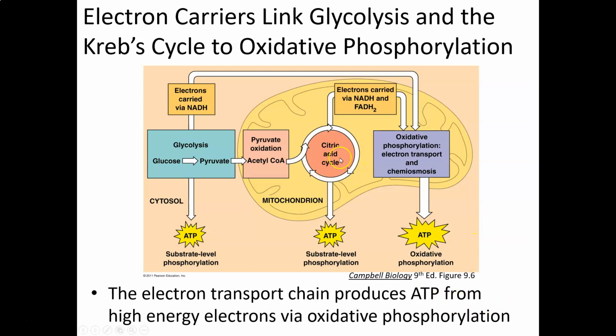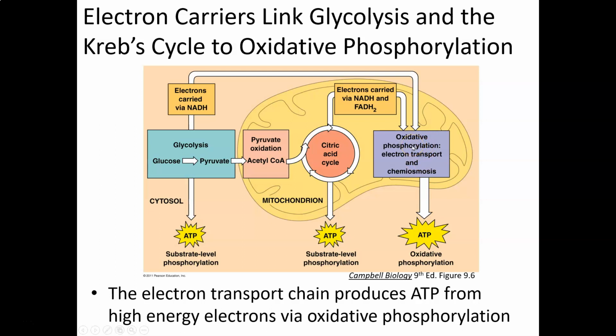But basically, the things I do want you to remember is just like the activation of pyruvate, just like the citric acid cycle, the electron transport chain, oxidative phosphorylation occurs in the mitochondria. And basically, it's the place where we can turn NADH and FADH2 into usable energy.